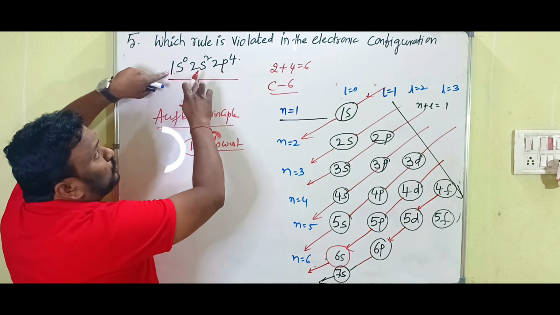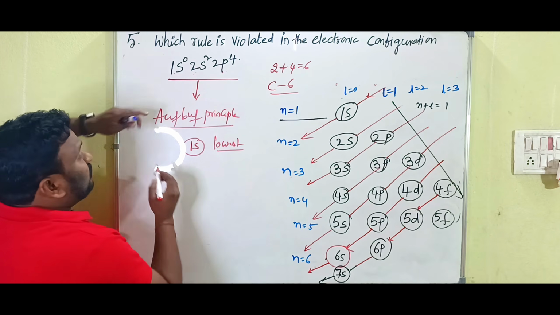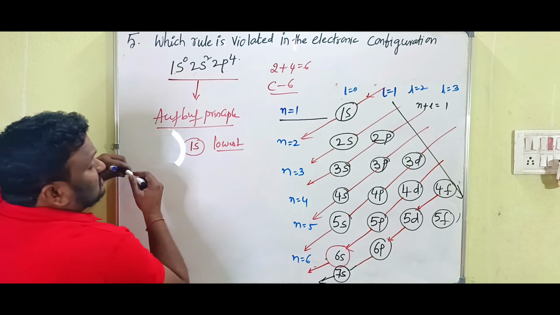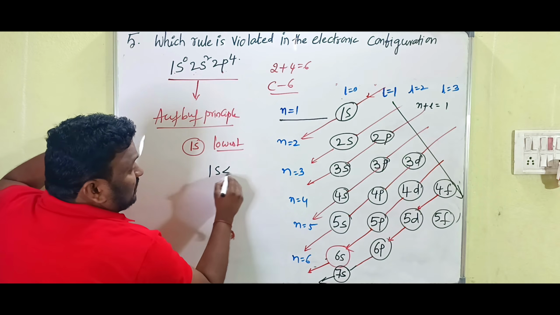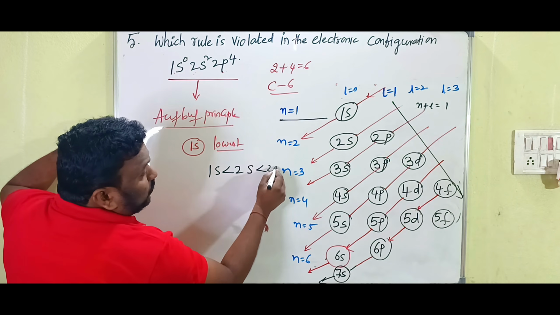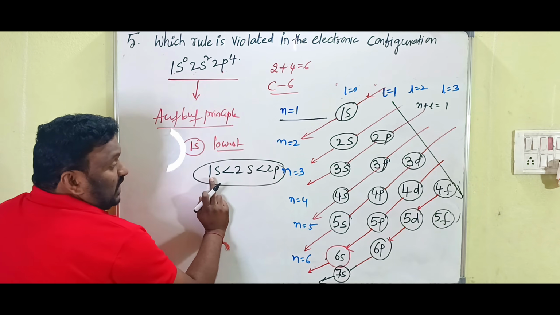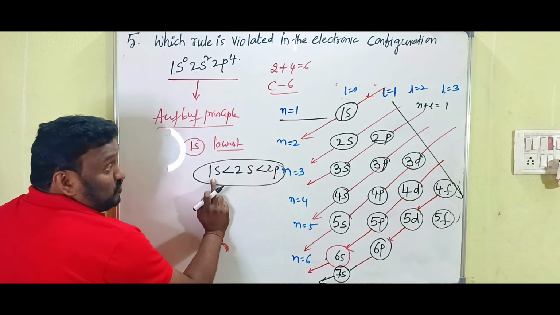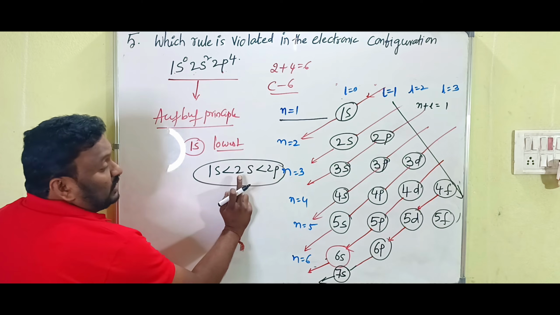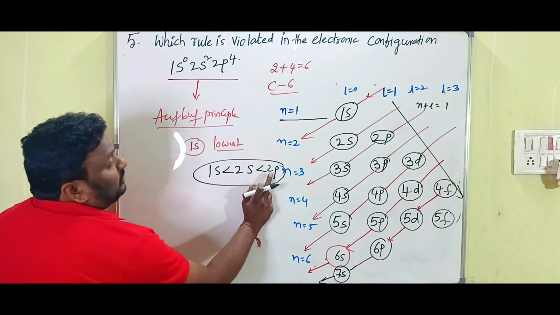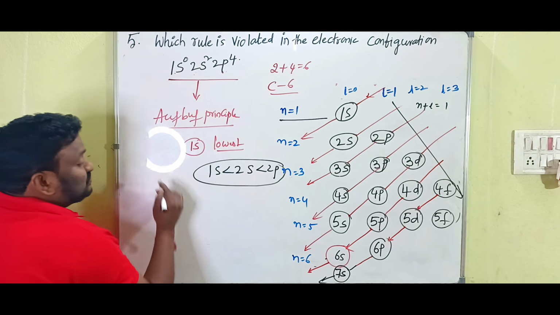among 1s, 2s and 2p. Already we discussed, children: 1s is less than 2s, and 2s is less than 2p. That's why first we have to give the electrons in the 1s orbital, then 2s, then 2p. So that should be corrected.